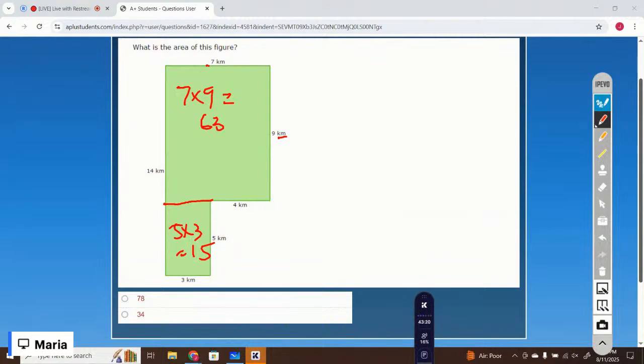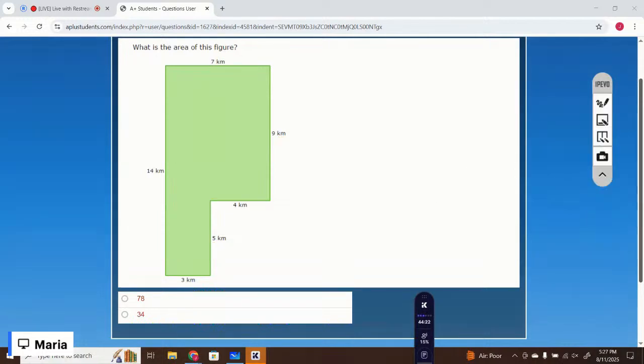So 63 plus 15. That is 78. Option number 1 is the correct option.